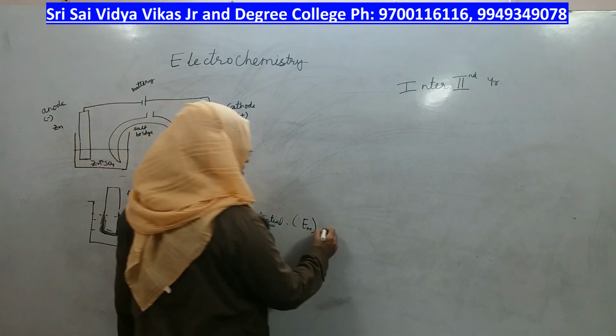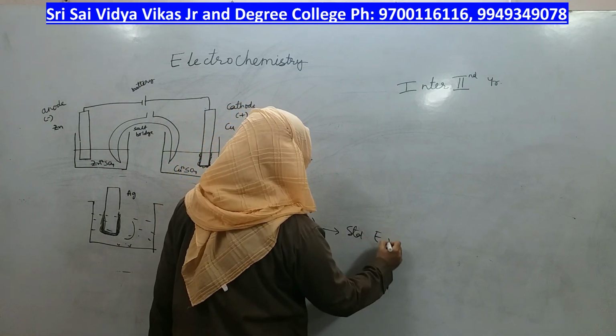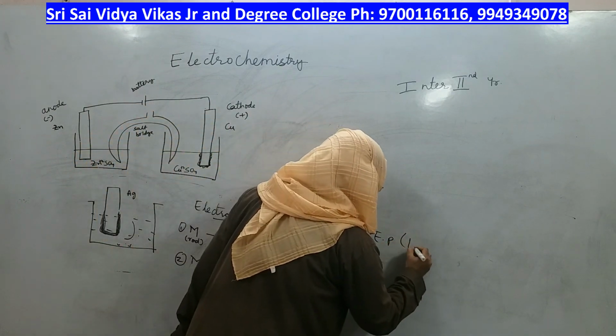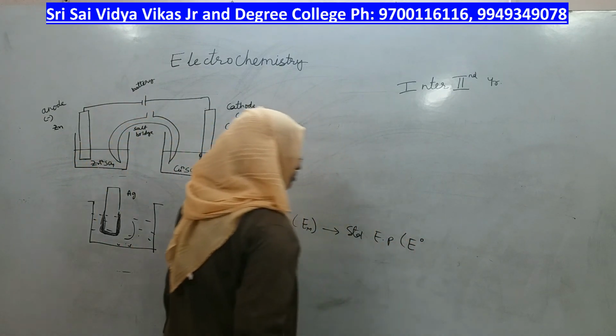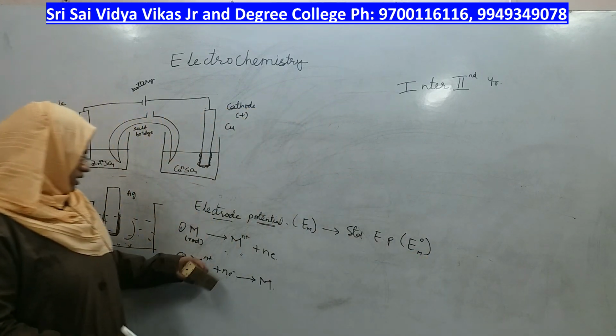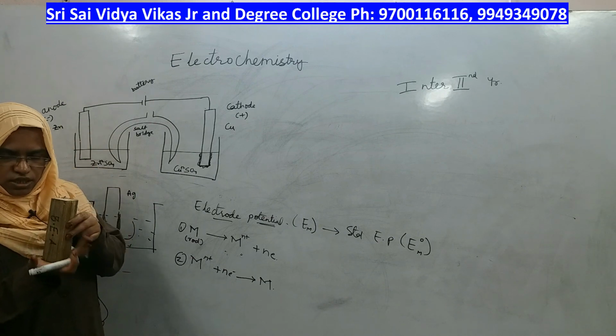And the next term is standard electrode potential, and it is represented as E0 of the metal. Till now I have taken an example of the total duster immersed in the solution.